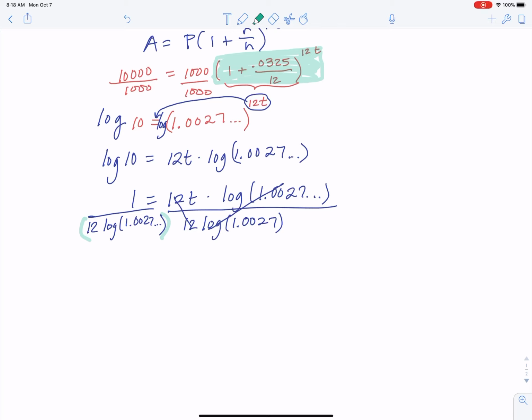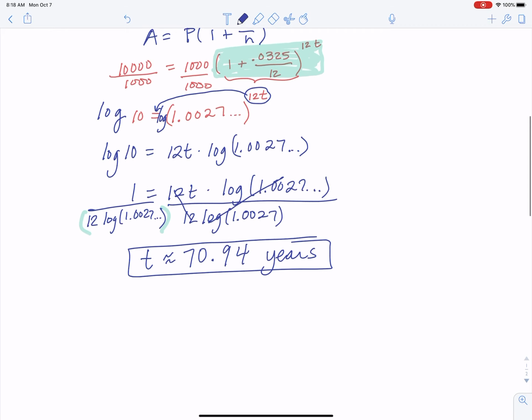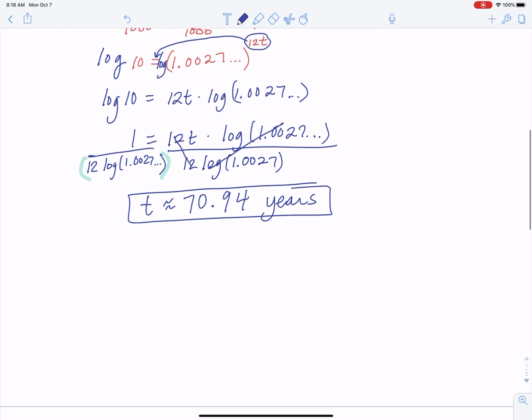Okay, and we get that it is going to take Joe approximately 70.94 years to save for his trip to the moon. Good luck, Joe.